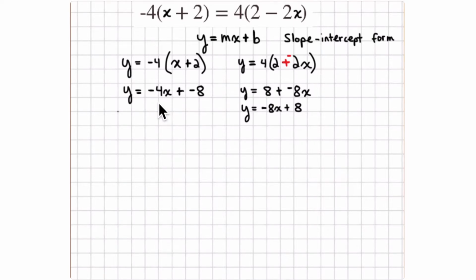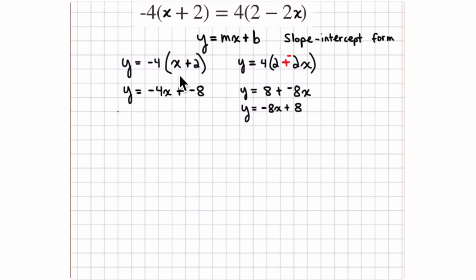So y is negative 4 times x, and it also starts where the line crosses at negative 8, y equals negative 8. On this side, it's a slope of negative 8, so for every unit of x, the line goes down 8 units, so y is negative 8 times the value of x, and this one crosses the y-axis at 8.